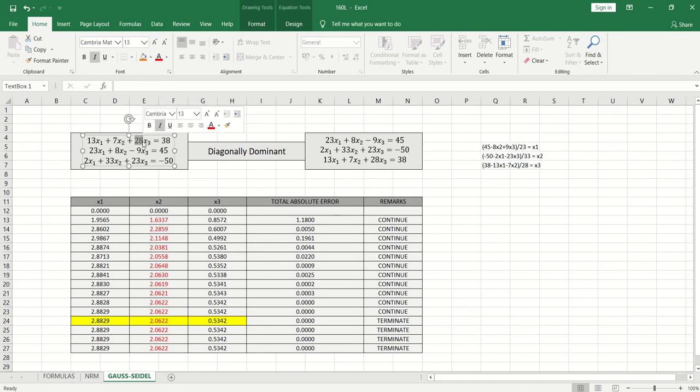It is not greater than 7 plus 28. Let's check the second equation. 23 should be greater than 8 plus 9. This is true, so this will be our first equation. It will be placed in the first line.